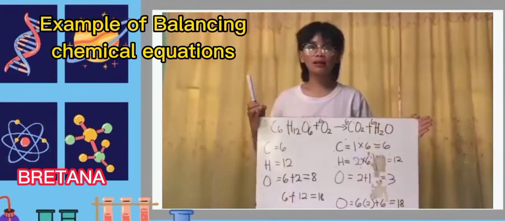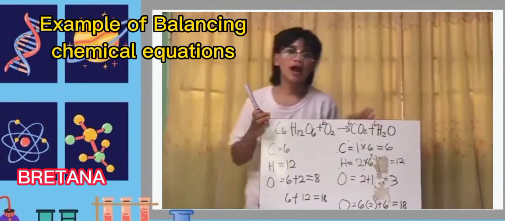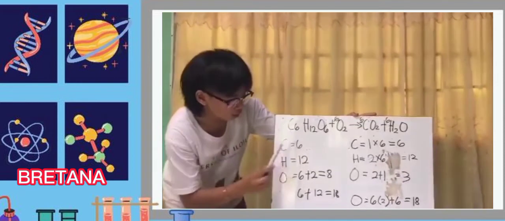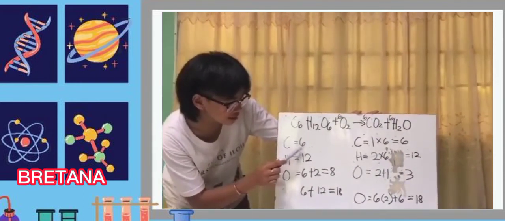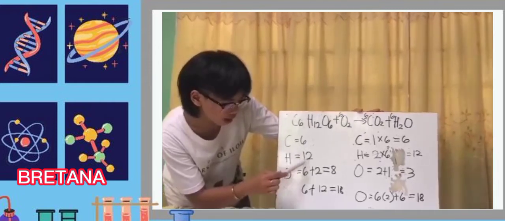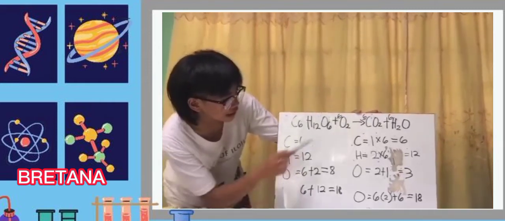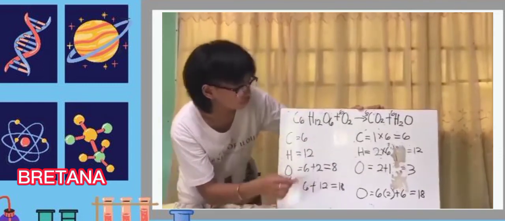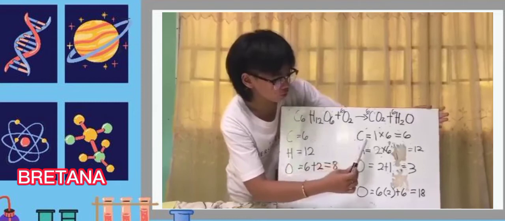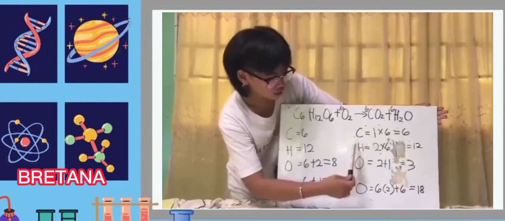The example of balancing chemical equations. As we can see here, we have carbon, hydrogen, and oxygen. The number of carbon here is 6, the number of hydrogen is 12, the number of oxygen here is 6 plus 2 equals 8. On the product side, we have carbon, hydrogen, oxygen.